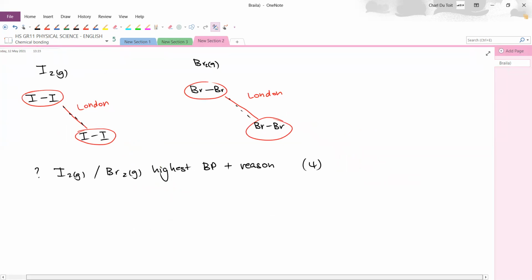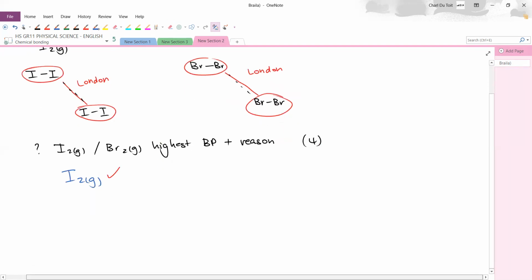Yes, it'll be the bromine. No, it will be the iodine, I2. Okay, let me answer these in blue so I get the answer quicker. The answer is that one. 1 mark. The reason is why.